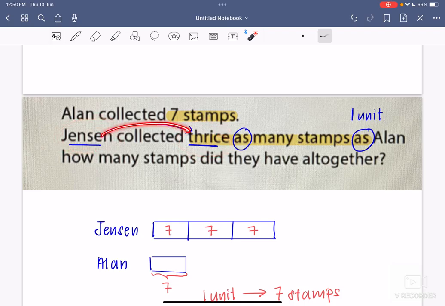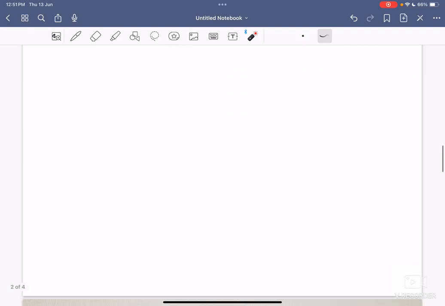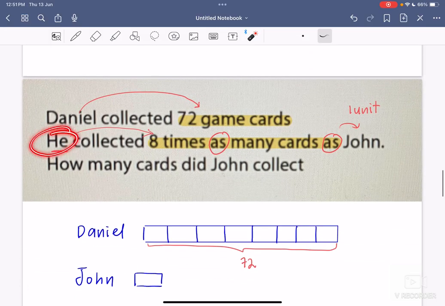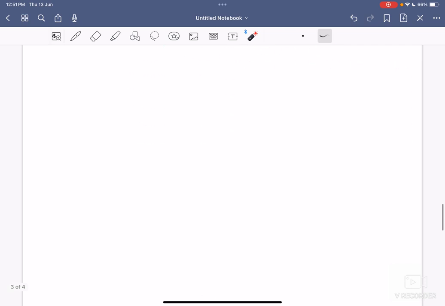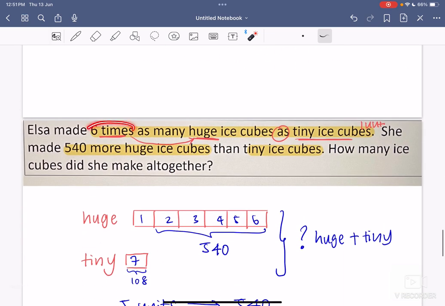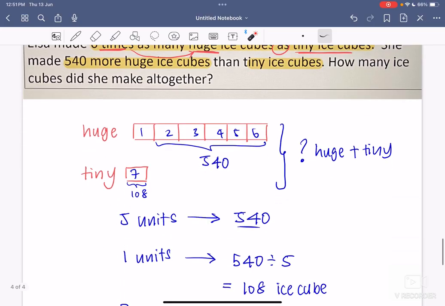So we know that Jensen is the one that has Tries. And as for this question, the word he is referring to Daniel. So Daniel and 8 times are close to each other, right? So it's referring to Daniel having 8 units. And then the last one, 6 times and huge ice cube are very close to each other, right? So we are referring to the huge ice cube having 6 units. Okay, good.